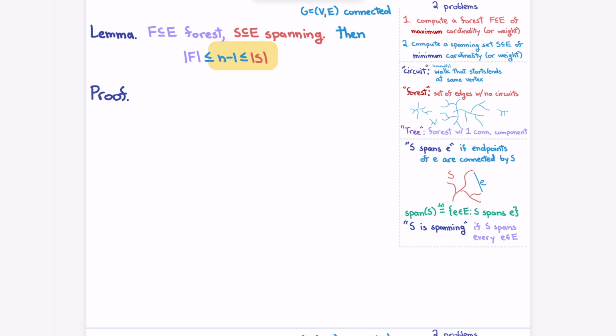But now when I split the graph, what if those two parts aren't connected? This took as hypothesis that G is connected.